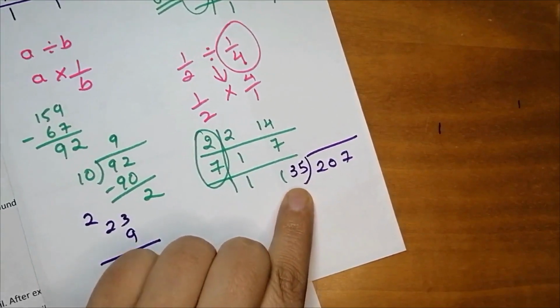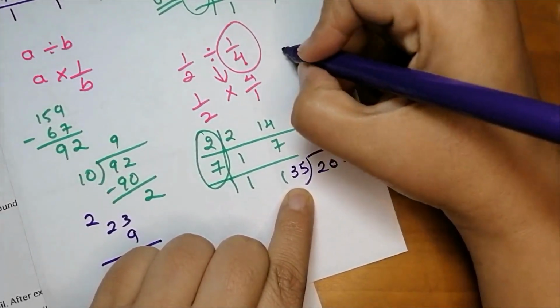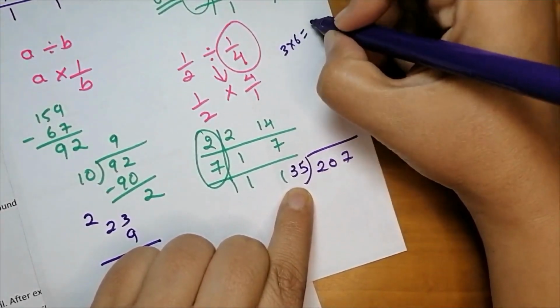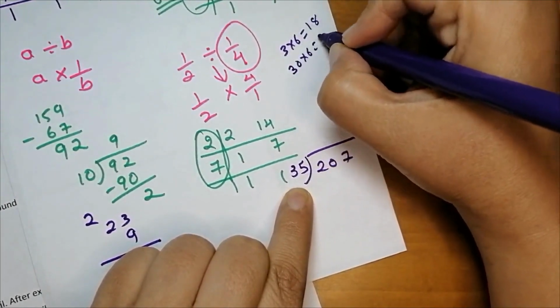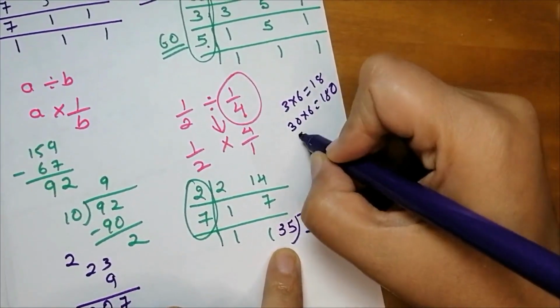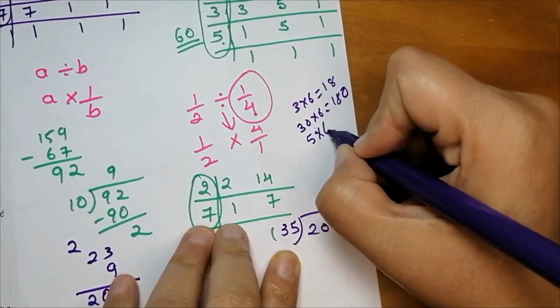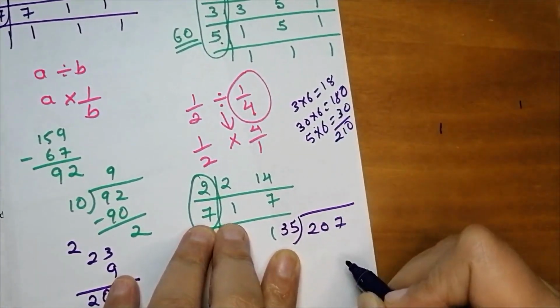Now 35, okay, 30 times 6. If it was 30 times 6, 3 times 6 is 18, right? So 30 times 6 would be 180, okay? But this is not 30, this is 5. So 5 times 6 again, which was 30. So this becomes 210, which is larger, okay?